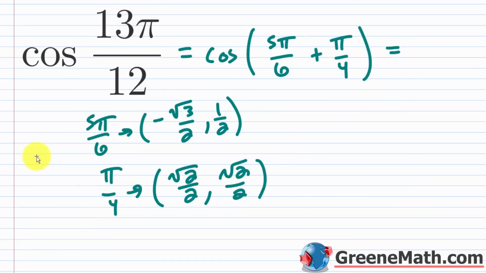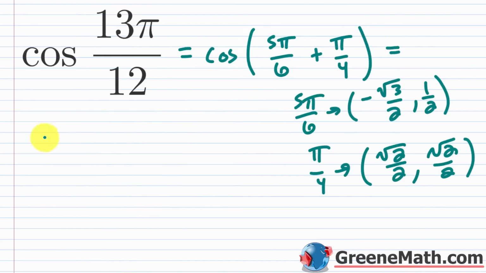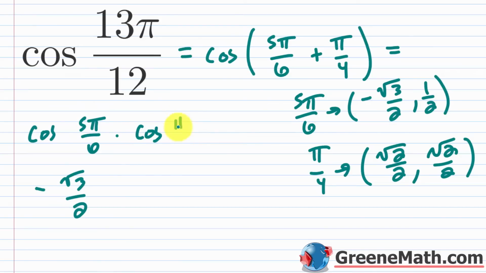So this would be equal to the cosine of 5 pi over 6. And let me just take that value now so I can get rid of it. So this is negative square root of 3 over 2, and then times the cosine of pi over 4. So that's going to be this guy right here, which is the square root of 2 over 2.